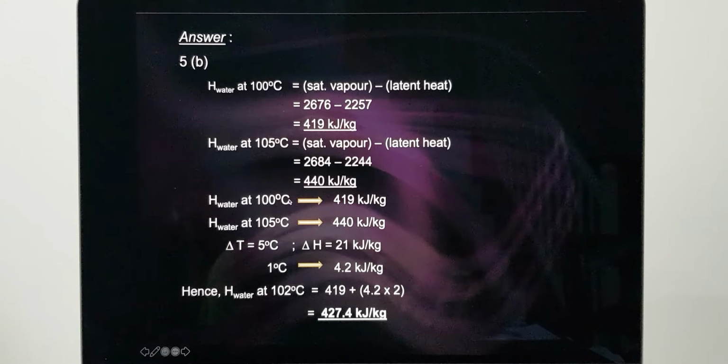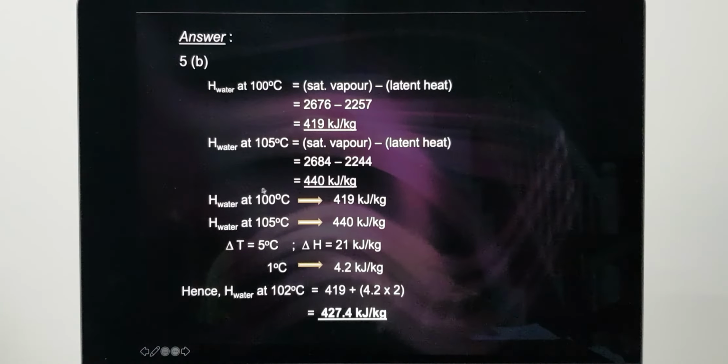Okay, clear? Now HF at 100 degrees Celsius is 419. From what you have calculated here, make sure you calculate this value properly. 419 kilojoule per kilogram is HF at 100 degrees Celsius and HF at 105 degrees Celsius is 440 kilojoule per kilogram.